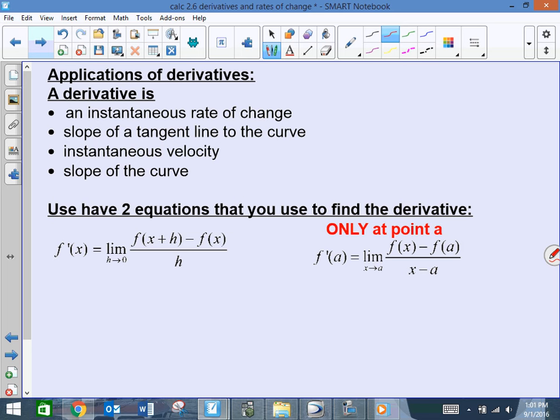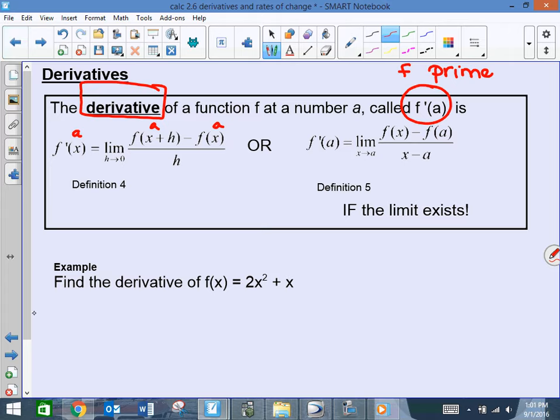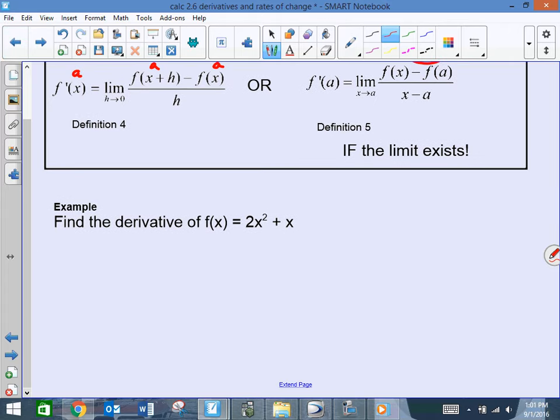So what we have been doing, let me just show you here. We have found the slope of the tangent line. We have found the slope of the curve. What we have found now is the derivative. They're one and the same. So when it asks to find the derivative of f of x, it's also known as what? Slope of the tangent line, like we did before.